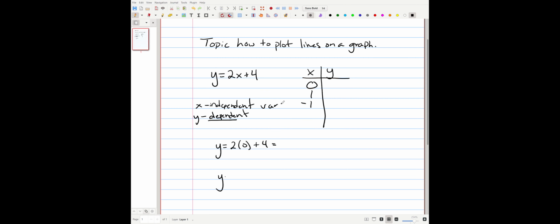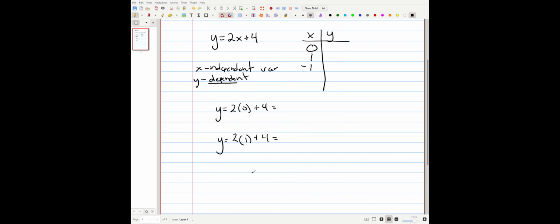So let's go ahead and do this for the 3 points that we've listed. And so 2 times 0 is 0, plus 4 is 4. 2 times 1 is 2, plus 4 is 6. So here we have 4, we have 6. And then 2 times negative 1 is negative 2, plus 4 is positive 2.